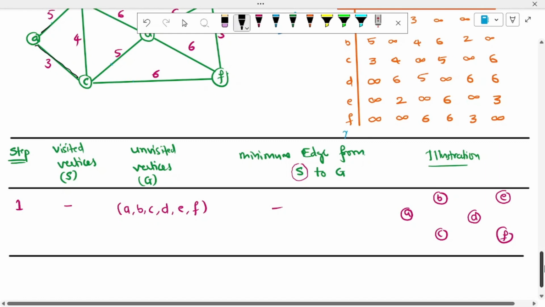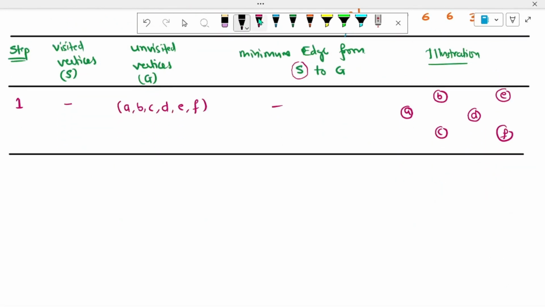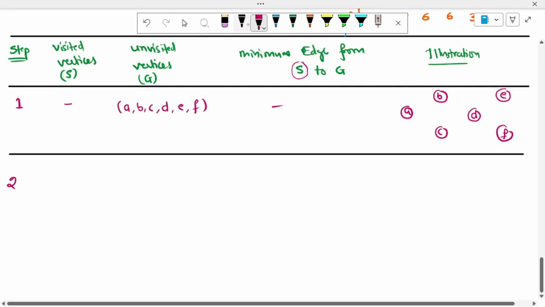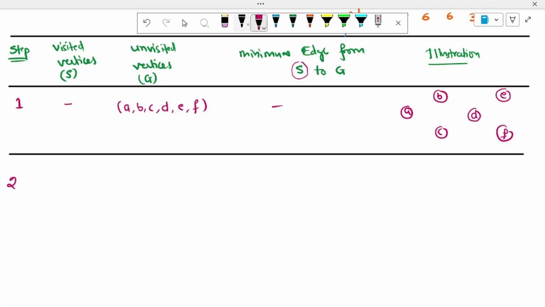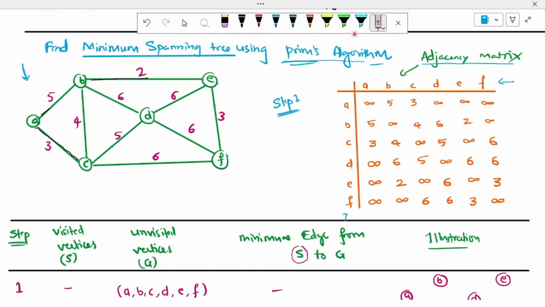Let me draw a line so that it will be more organized. Now coming to step 2. In step 2, you can choose any of the unvisited vertices. From here you can choose any of them. If you want, you can choose F, E, D. Okay, let me choose D. I have chosen D. When I visit D, now imagine I reached here.